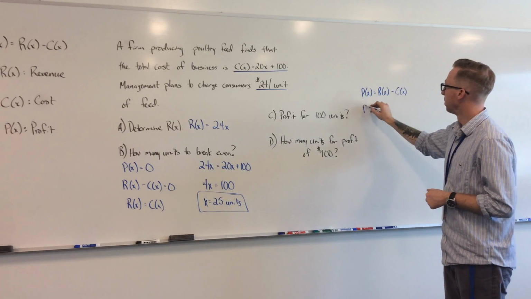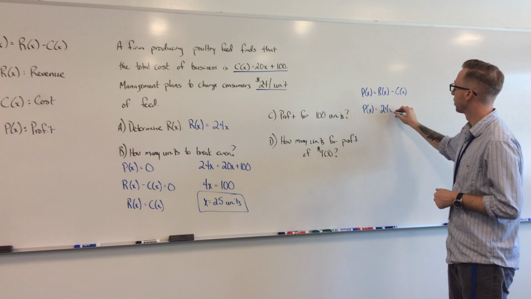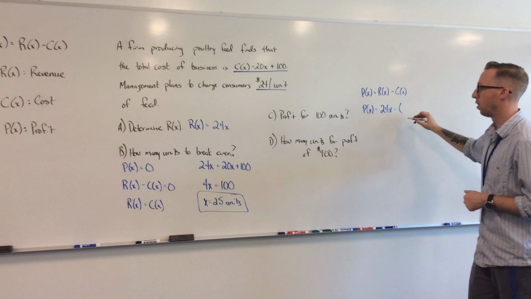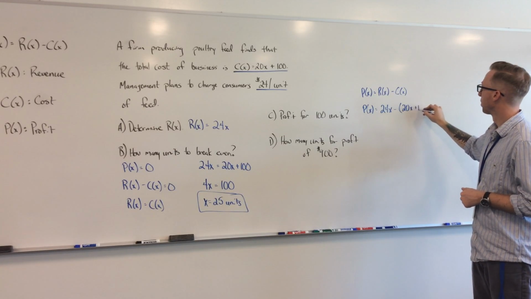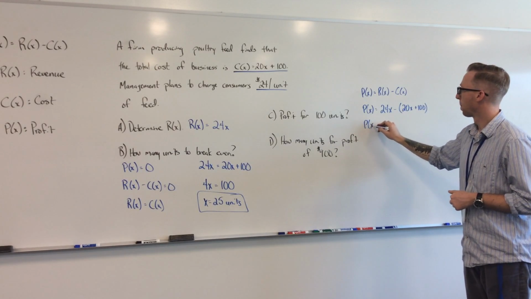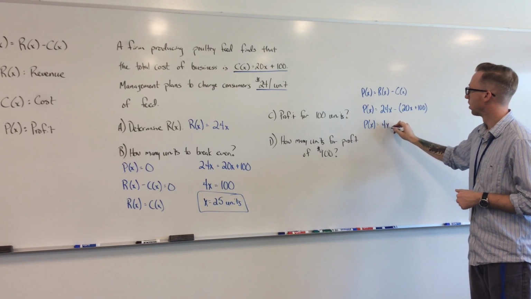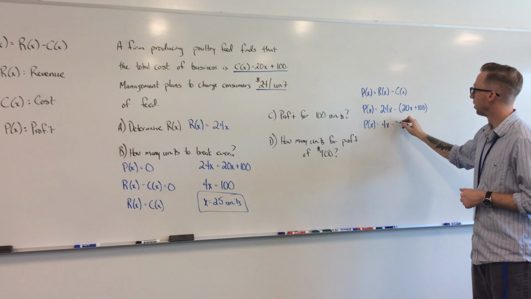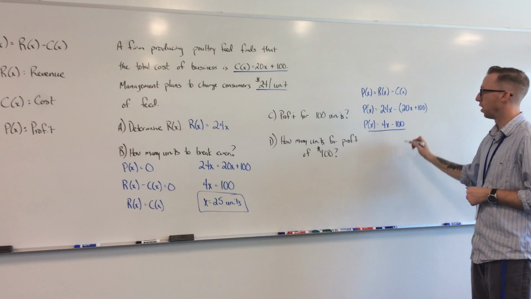And we'll substitute in our revenue function, 24X, minus my cost function, 20X plus 100. 24 minus 20 is 4X. I'm subtracting 100. Profit function, 4X minus 100.